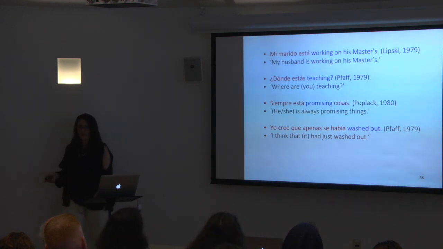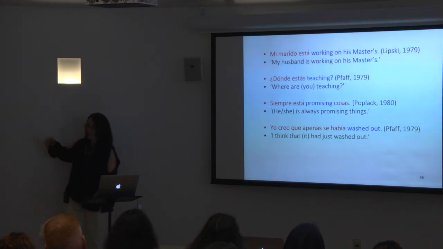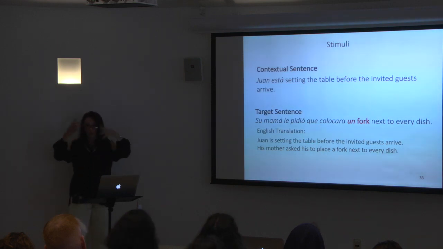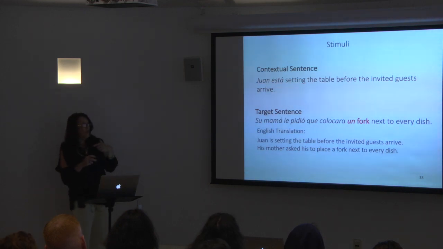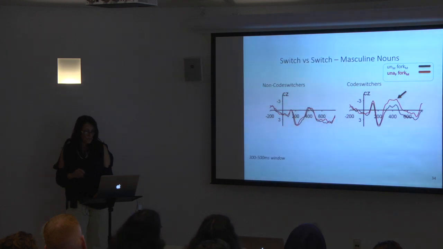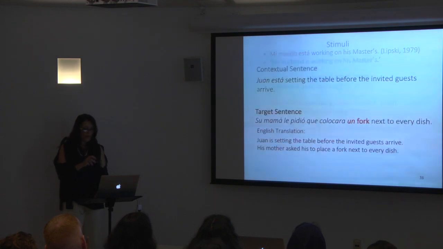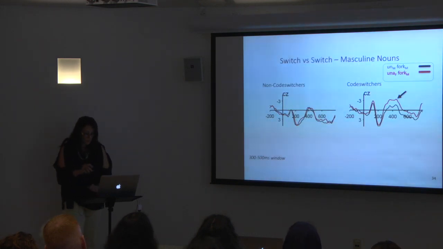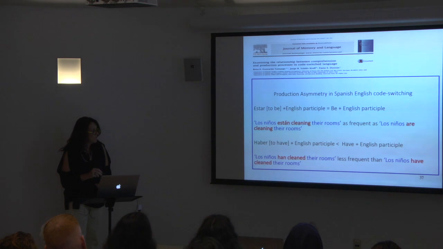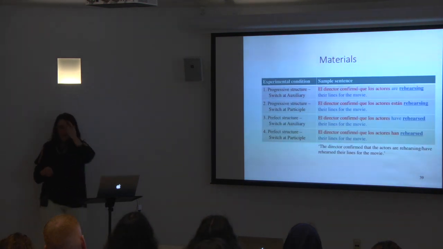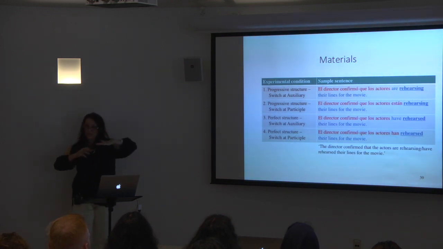All right, so what we wanted to see was, well, this is what bilinguals do when they're speaking to other bilinguals. Is their comprehension system tuned to these differences so that when they're hearing, or when they're reading these sentences, they're actually sensitive to these types of asymmetries.